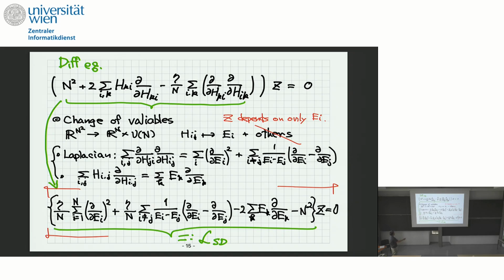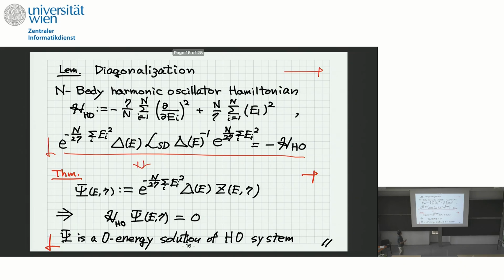Then we get the differential equation, the Schwinger-Dyson equation, in this form. We call it LSE. LSE sounds like something, but it is not. It is just the Schwinger-Dyson equation like a Laplacian. Anyway, this is the differential equation for the partition function. Okay.